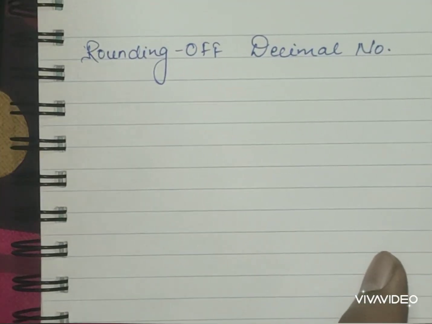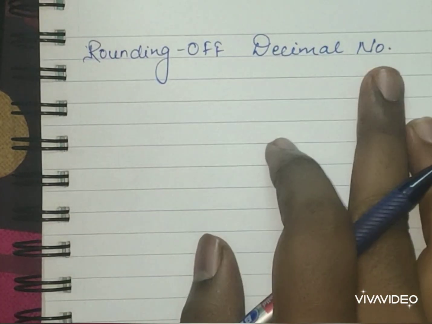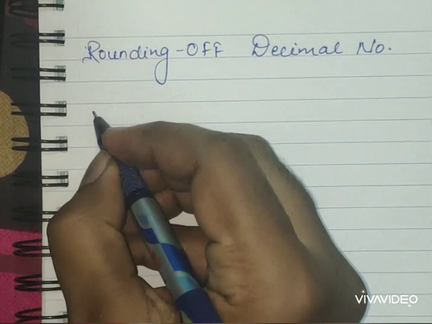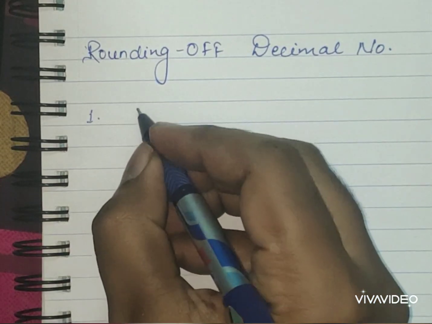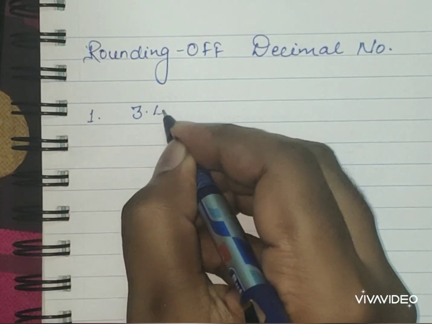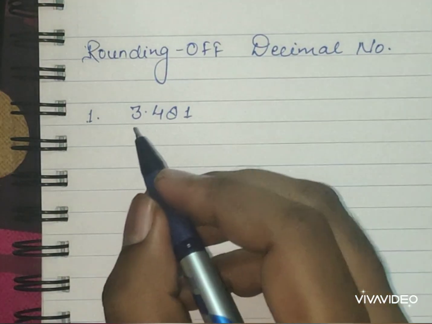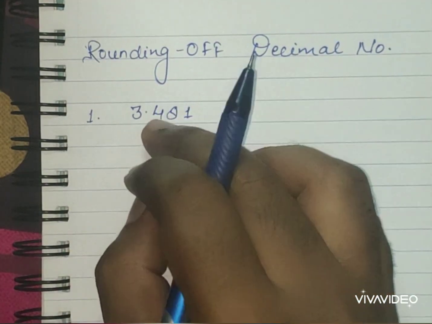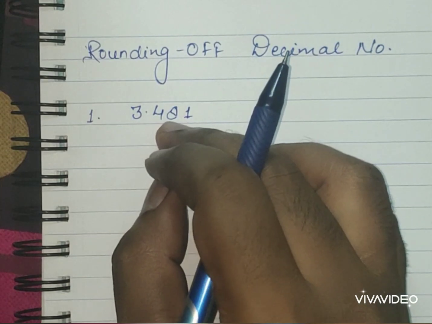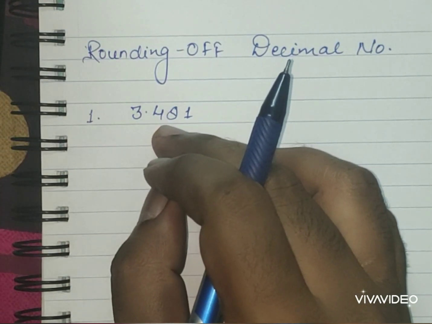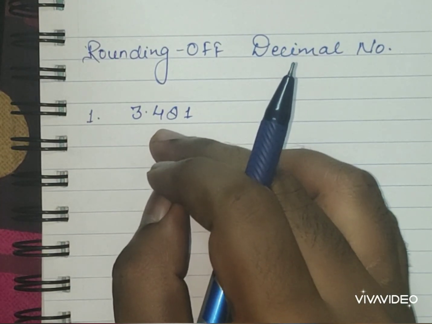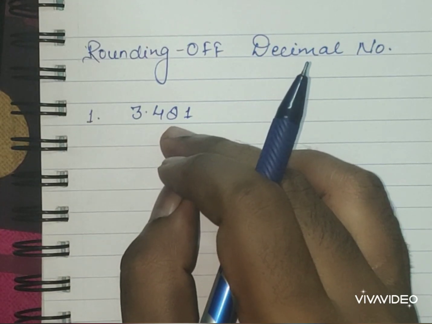Now we will see the rounding of decimal numbers. For example, a decimal number is given to you, 3.481. Clear? And you need to convert this decimal number into 2 digits only, meaning there should be only 2 digits after the decimal.